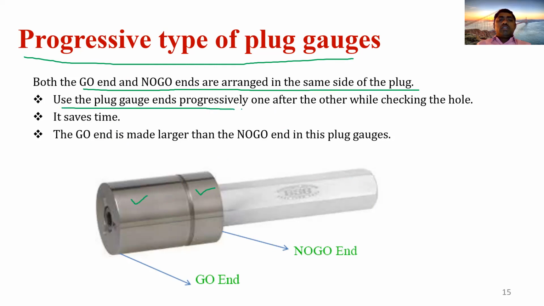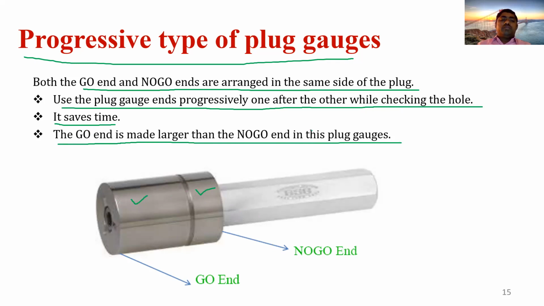The plug gauge ends are used progressively one after the other while checking the hole. So it saves time. You need not flip the progressive plug gauge to check the no-go or lower limit of the holes or high limit of the shafts. The go end is made larger than the no-go end of this plug gauge.